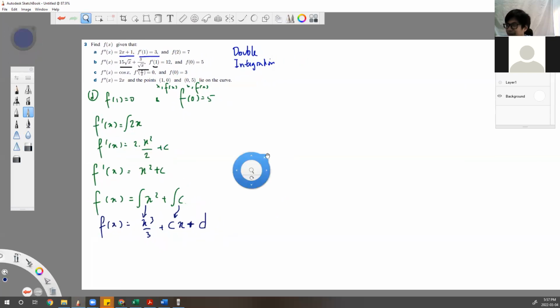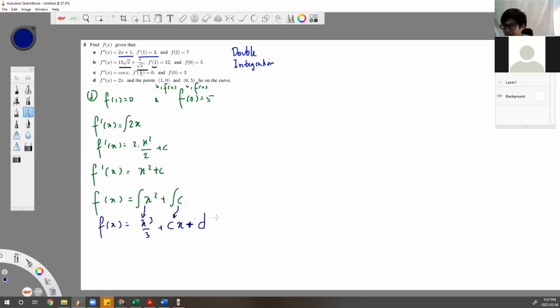Okay, so f(1), right? f(1) equals 1 over 3 plus c plus d, and f(1) equals 0. So 0 equals 1 over 3 plus c plus d.